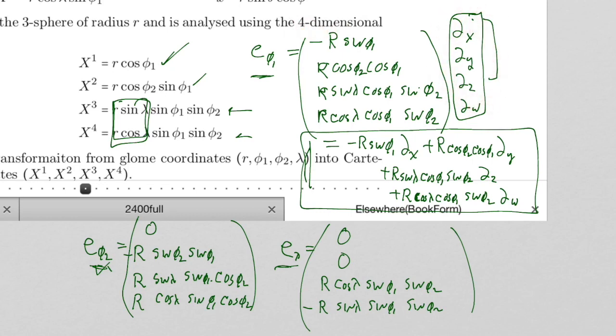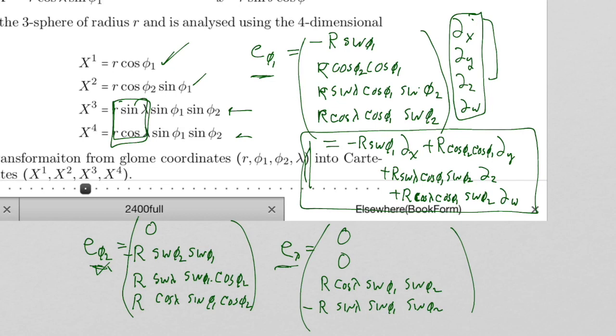Now it turns out that when we stare at the sphere, however, we kind of realize we don't actually need all four of these, because at any given point, well, we need all four in some sense, but if I stare at one point on the sphere, one point given by phi 1, phi 2, and lambda, then I don't actually need all four.